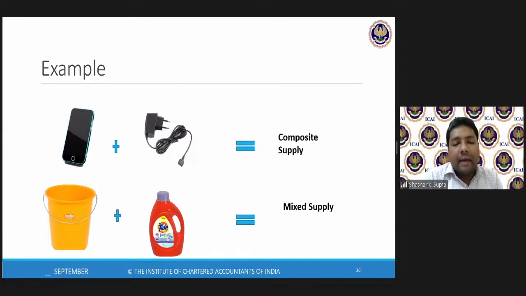One last time, examples of composite supply and mixed supply. Just see the irony. This has been copy pasted from our institute's material, and the copy paste in case of mobile is an irony, because the mobile phone displayed is iPhone and the charger displayed is Nokia. First of all, that is highly wrong and demeaning to iPhone.